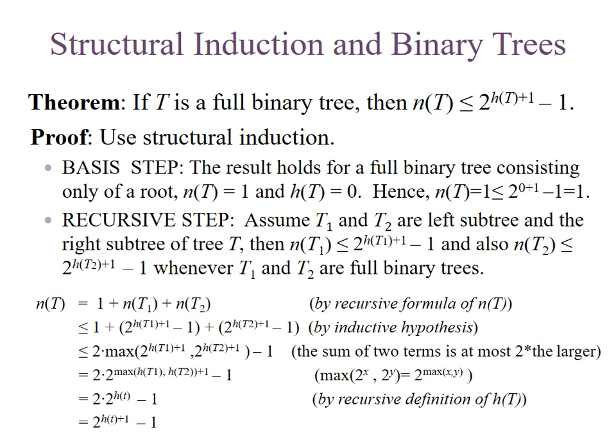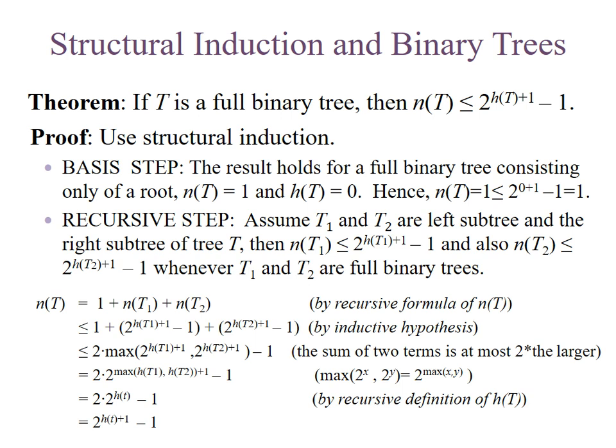Times 2. Okay. Then we can rewrite this, because when we take the max of these two terms, we have the variables ht1 and ht2 here. So we can move the max operation into the exponent. It will be 2 to the power of the max of these two terms plus 1.